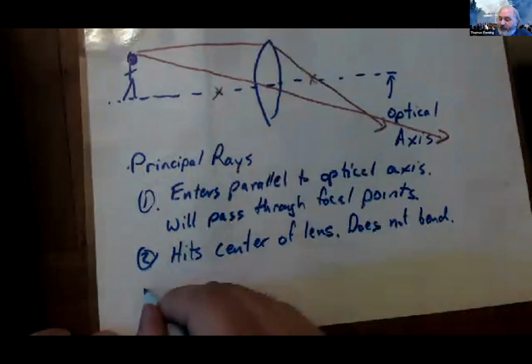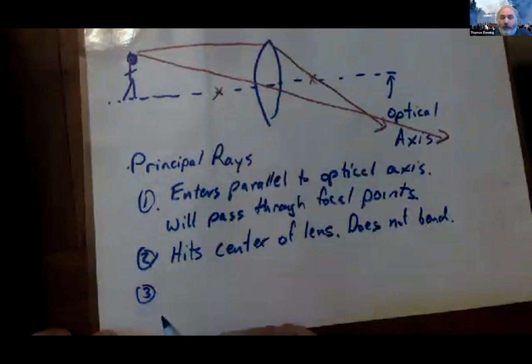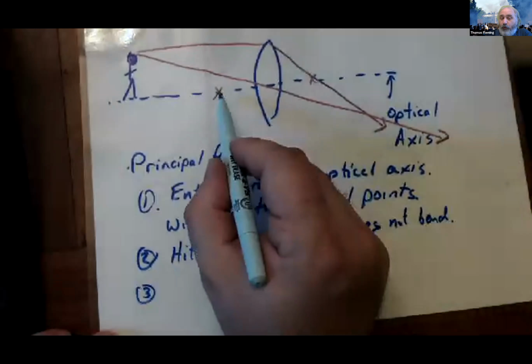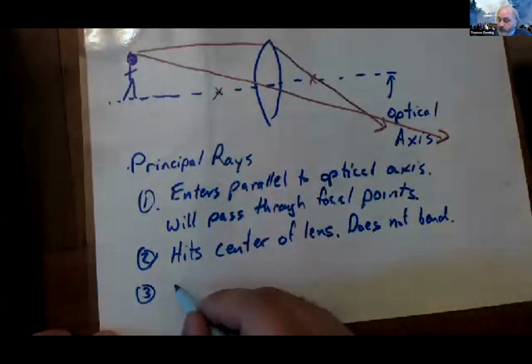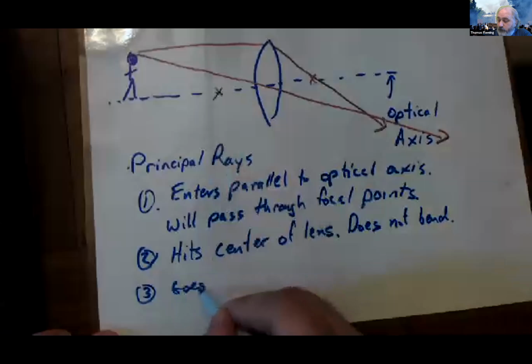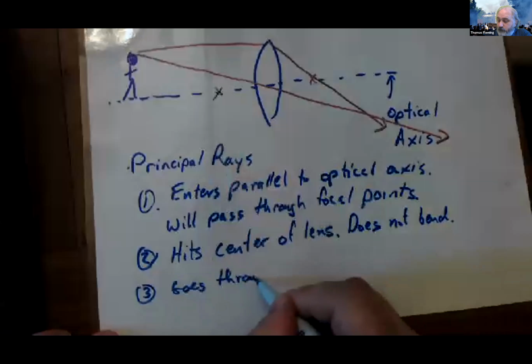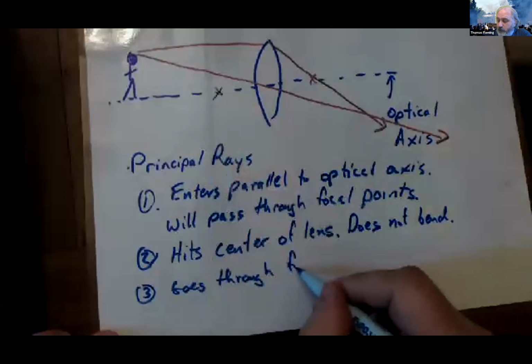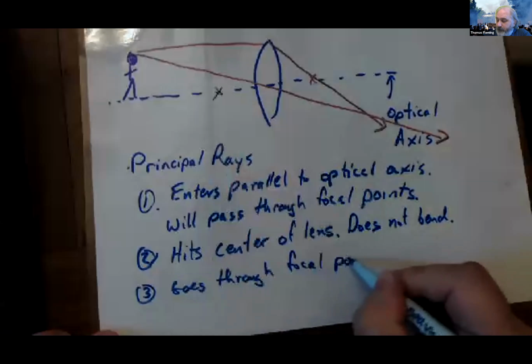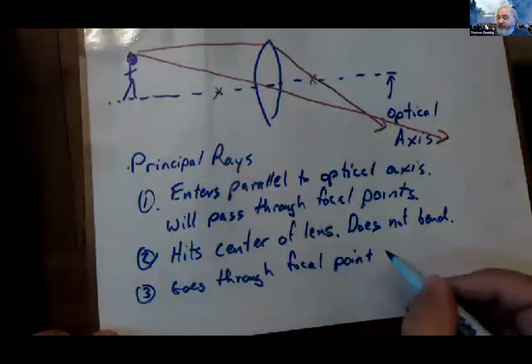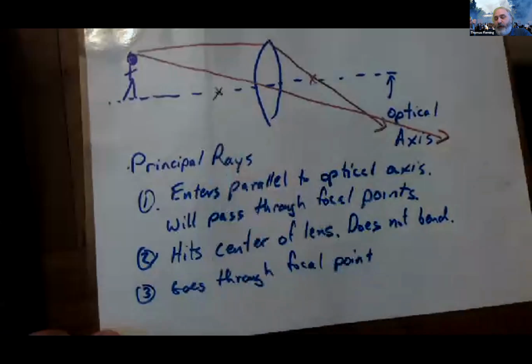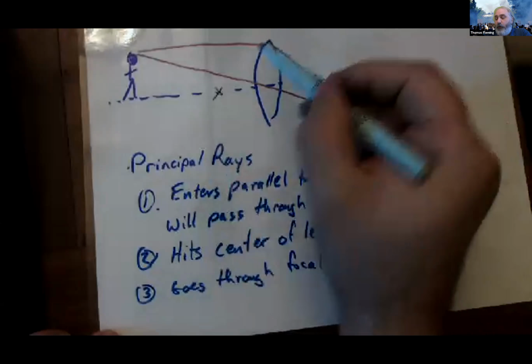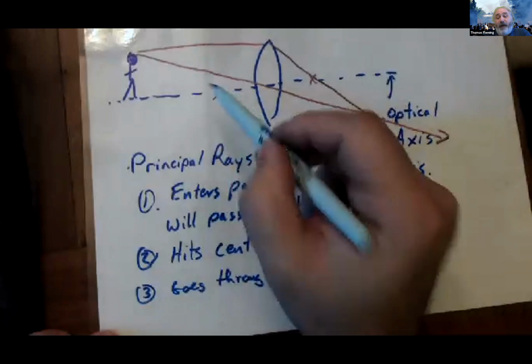Now, the third principal ray is going to be the ray that goes through the focal point on this side. But it's going to end up being kind of the opposite situation from ray number 1. It's going to go through the focal point on this side. It's going to come out parallel on the other side.